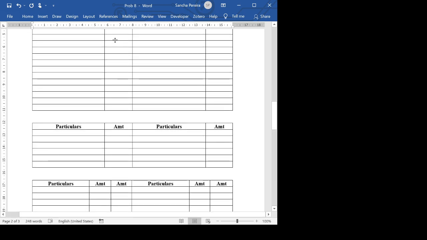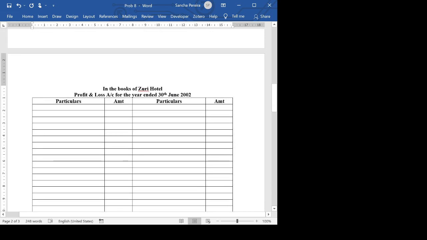Similarly, we have the profit and loss appropriation account.